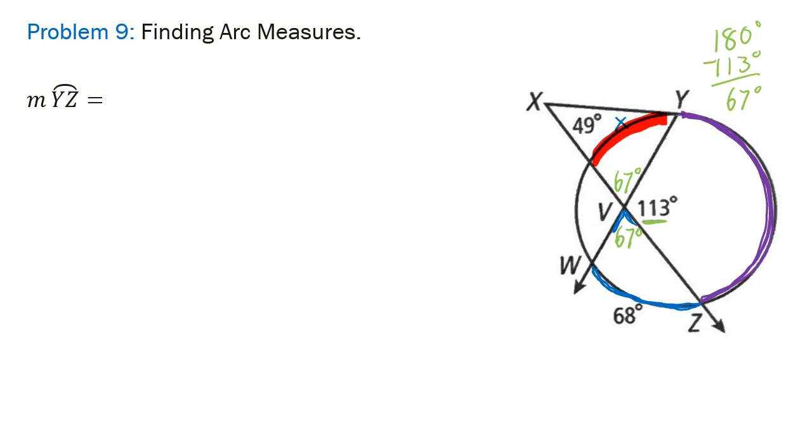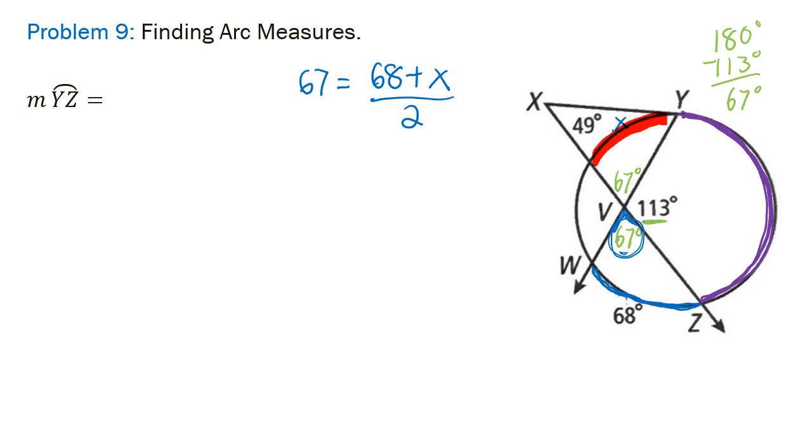To do that, I'm going to remember that these two arcs, the red and the blue, should add up together and then divide by 2 to get 67. So 67 should equal 68 plus the red arc, which I'm just going to call x, divided by 2. Remember, the blue arc and the red arc should always average to give us this angle right here, the 67.